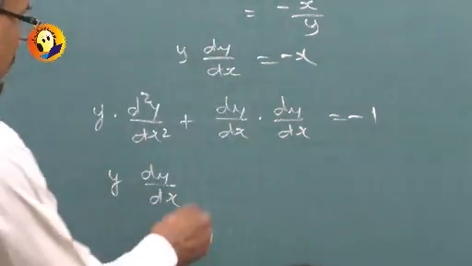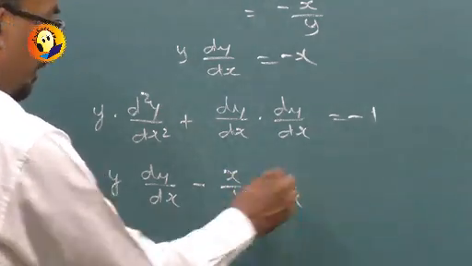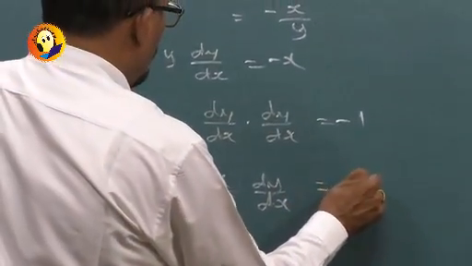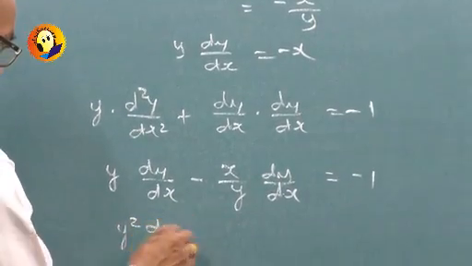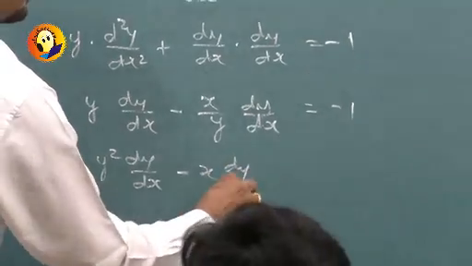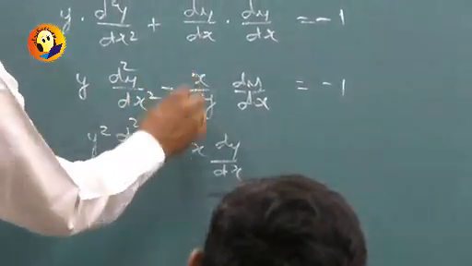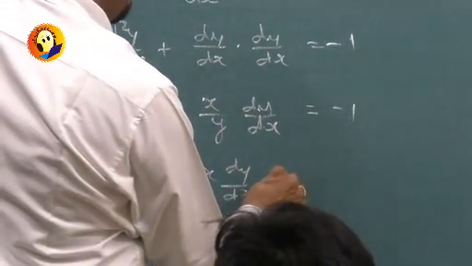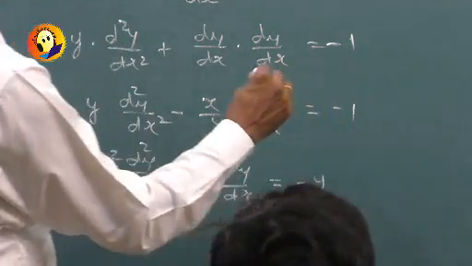So one dy by dx is minus x upon y, and then it will be y square d2y by dx square minus x dy by dx equal to minus y.